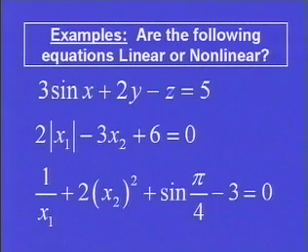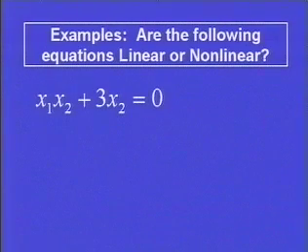So this is already not linear. For the record, though, the sine of pi over 4, perhaps you remember no trig whatsoever, but that is a number. So the sine of pi over 4 would have been fine by itself. So is the 3, of course. But the x1 to the -1 power, the x2 to the 2 power, that's going to cause it to not be linear. Let's look at some more examples.